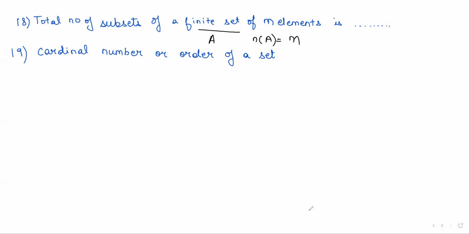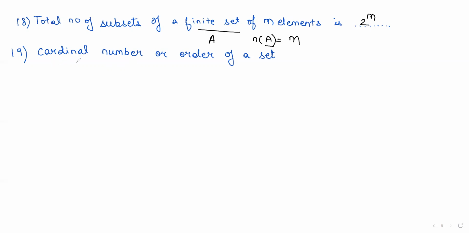So if n of A is n, then how many subsets does this set A have? We know that it is 2 raised to power n. We've studied this in the previous class. It's just a revision, restating the formula and writing it into a specific statement.